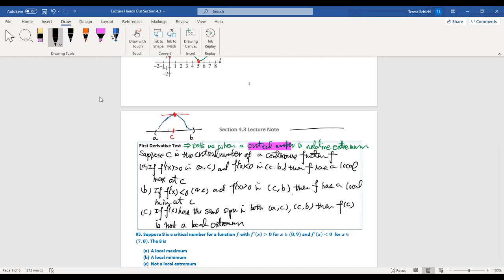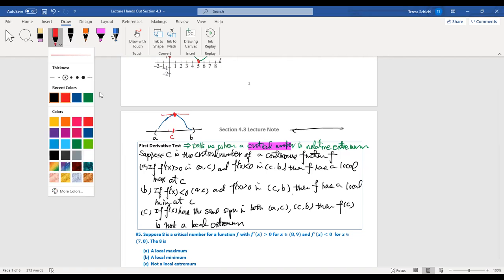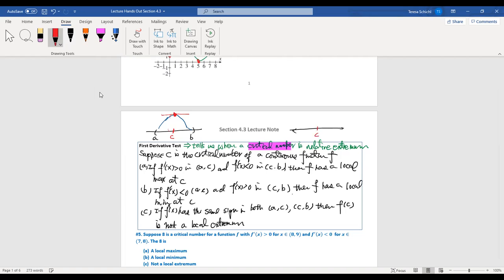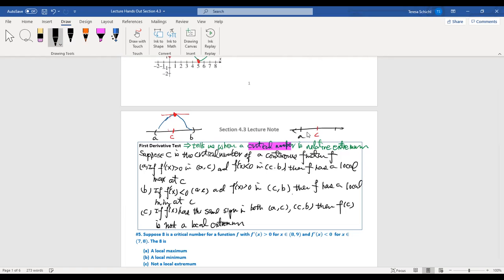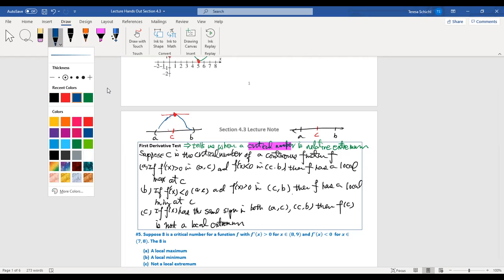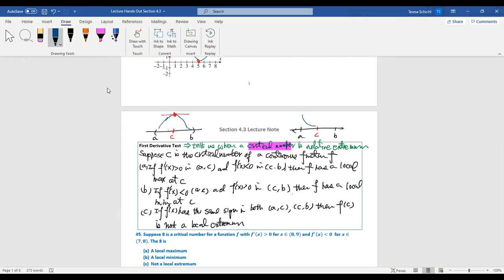They said if your critical value is C, and this is A and this is B, then if f prime on AC is less than 0, that means it is decreasing. Then when I hit here, f prime is greater than 0, so it is increasing.